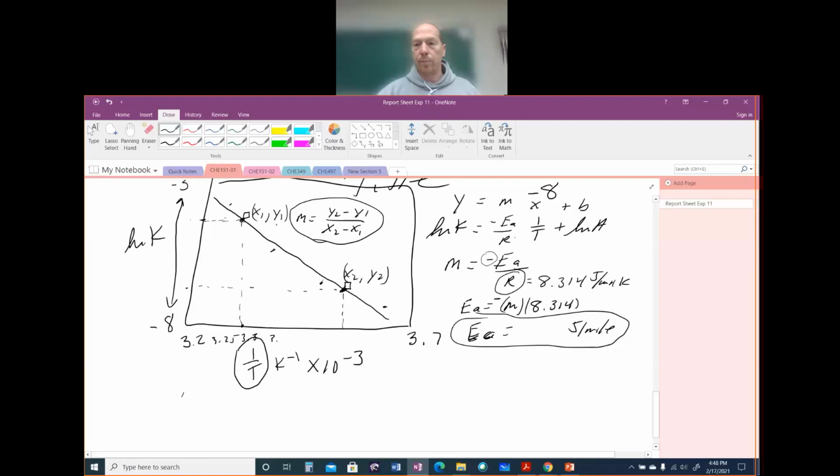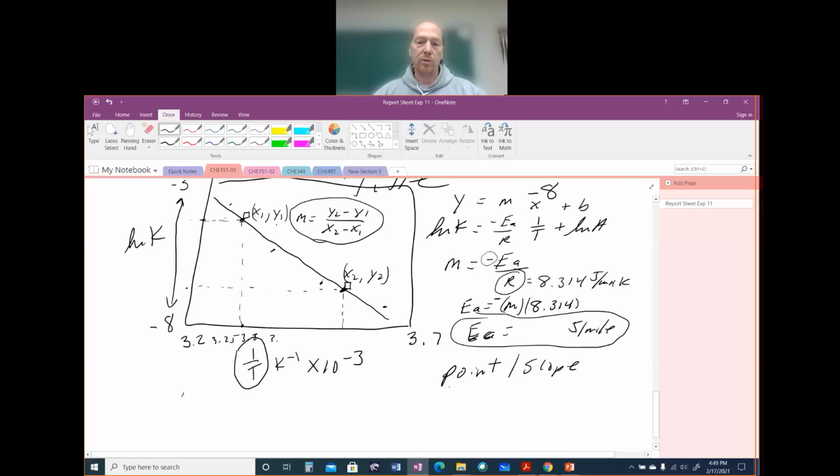We have a point and a slope. If you have a point and a slope, you can then solve for the y-intercept. And so you pick a point. You do the point slope form of the line, you solve for the y-intercept. All right, so you plug in a point, whichever point you want.